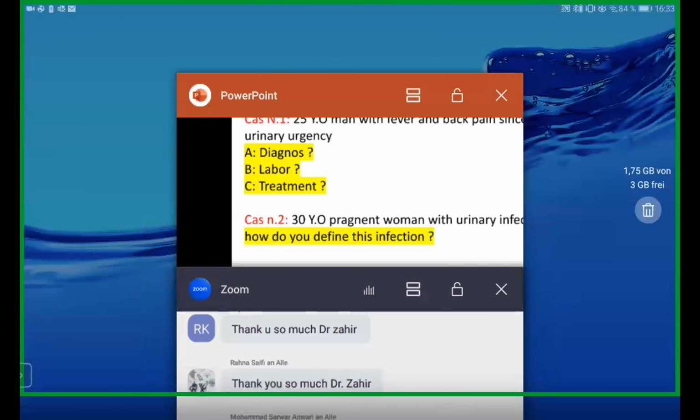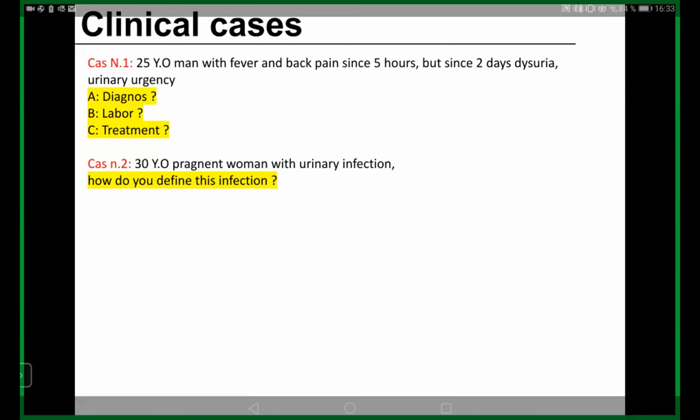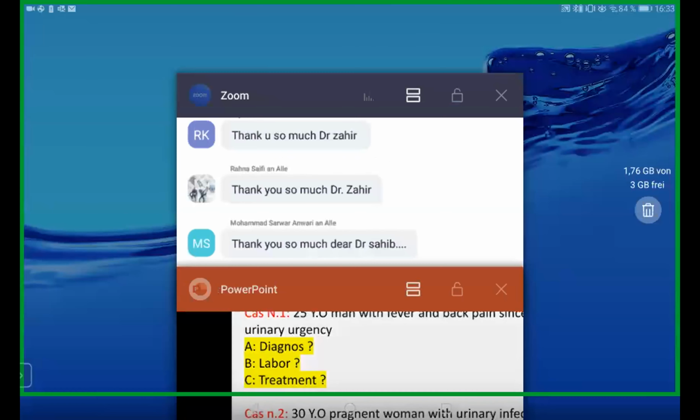So let's analyze together. First, it is a 25 years man. So what can we suggest? Is it complicated infection or uncomplicated infection? You can write maybe in chat.